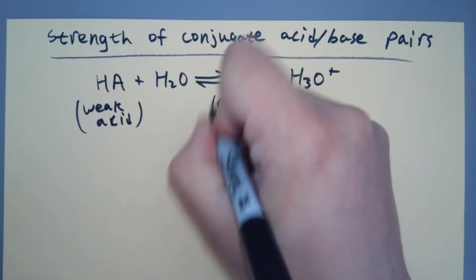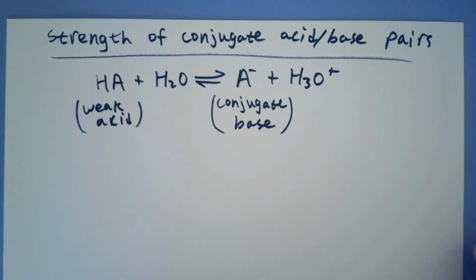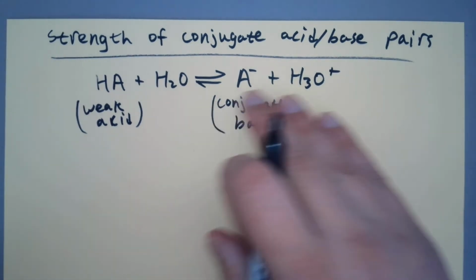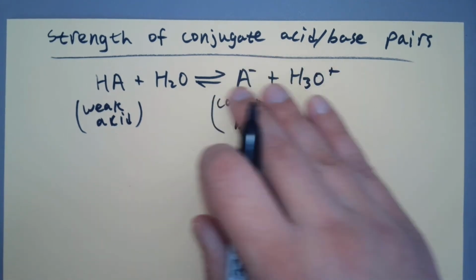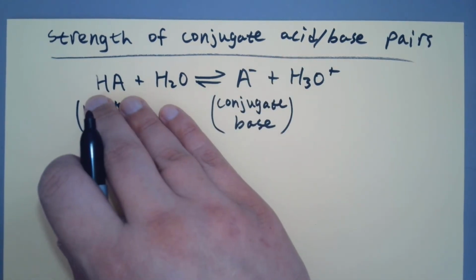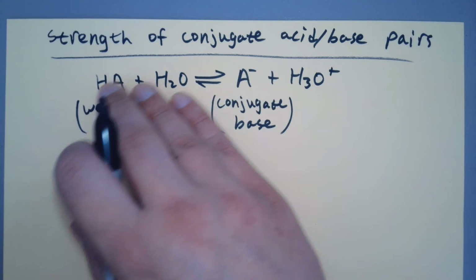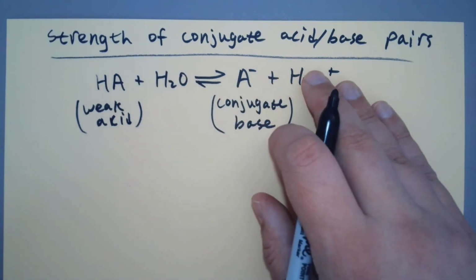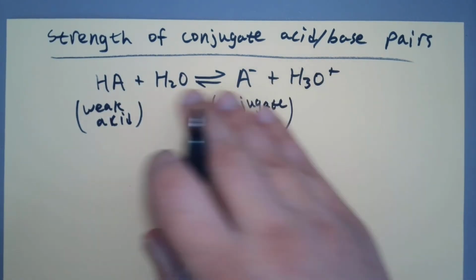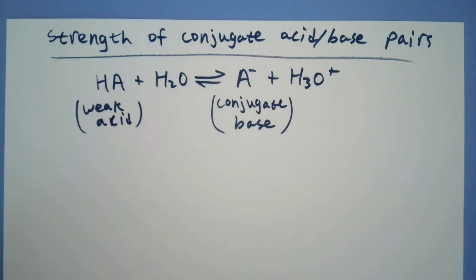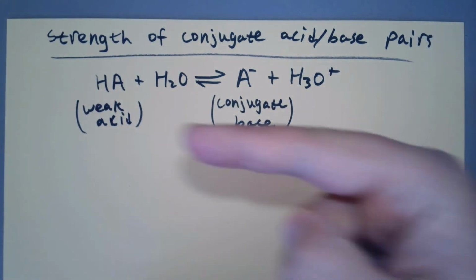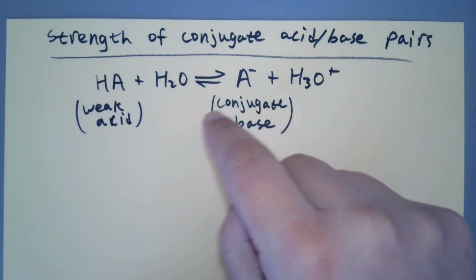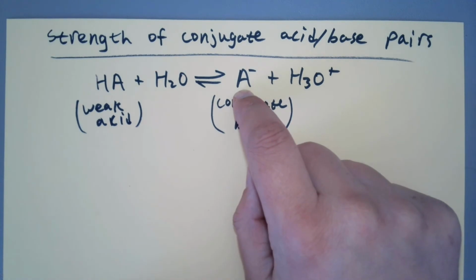And if it wasn't clear before when I introduced what a conjugate base was, maybe if I say it again, it'll make sense this time. If we look at the forward reaction, HA acts as an acid. It releases an H plus onto H2O to make H3O plus, and what's left behind is A minus. That's the forward reaction. If we look at the reverse reaction, what's happening with A minus?